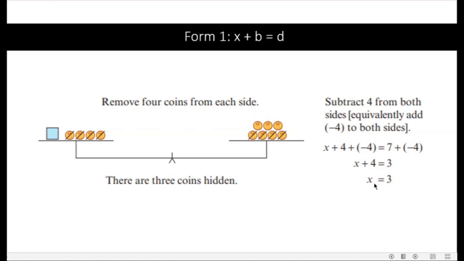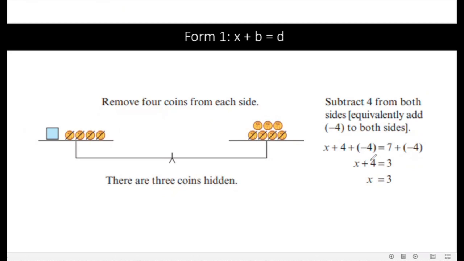And finally, we get an answer x equals 3. This part cancels. So x plus 4 plus negative 4 means it becomes x plus 0.